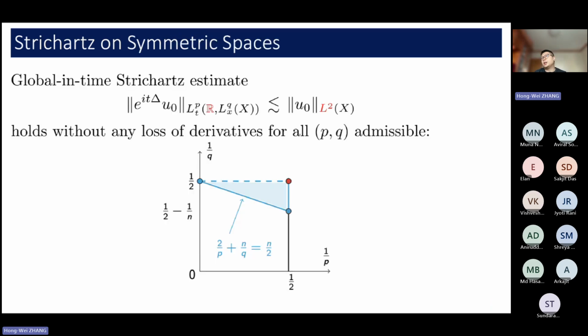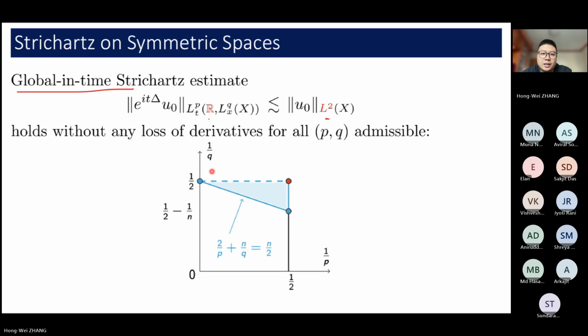This was proved around 2007, 2008 by Anker and Pierfelice, by Ionescu and Staffilani, and by Tataru. They proved that on hyperbolic space, the global in time Strichartz estimate, with the time interval being R, holds without loss.